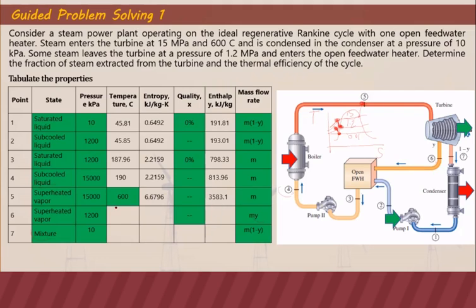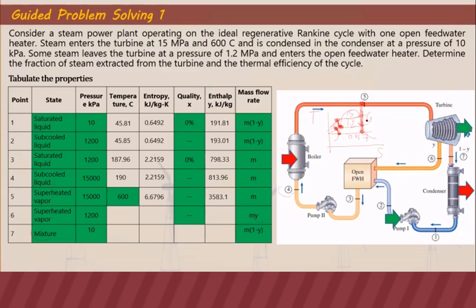For points 6 and 7, this process 6 and 7 is expansion. So our expansion is considered to be an isentropic process. That's why our diagram looks like we expand it, so that's why we have a straight line once again. This is our point 5, then we have point 6, then we have point 7 here.